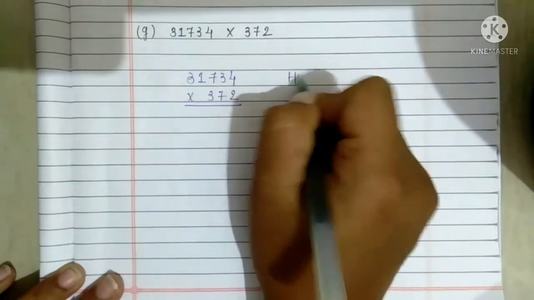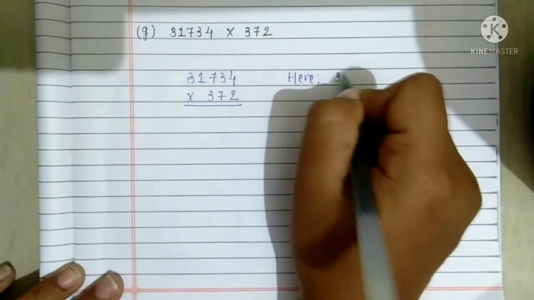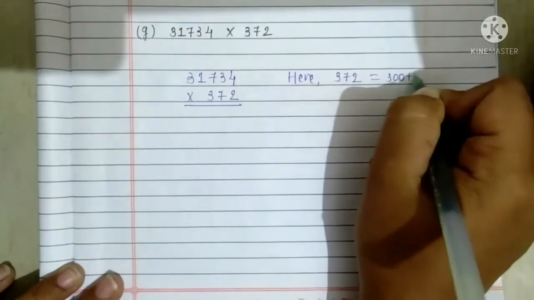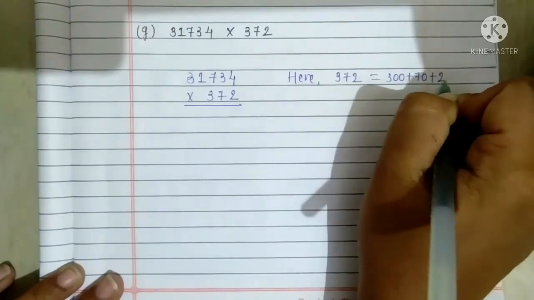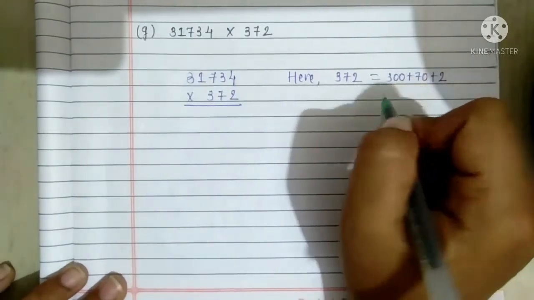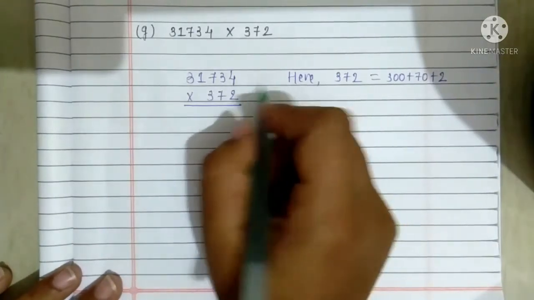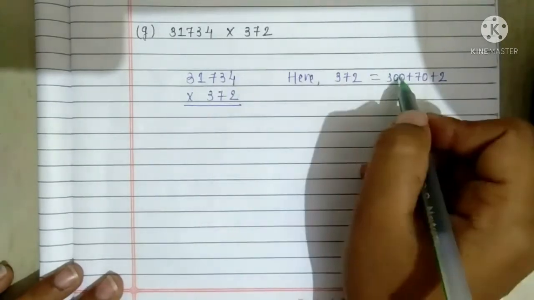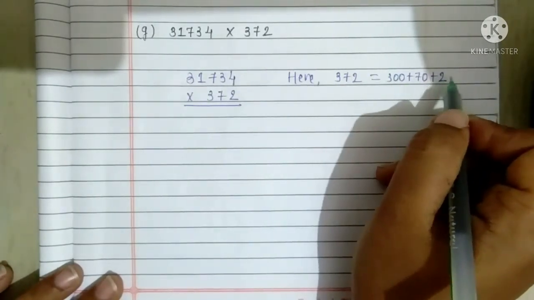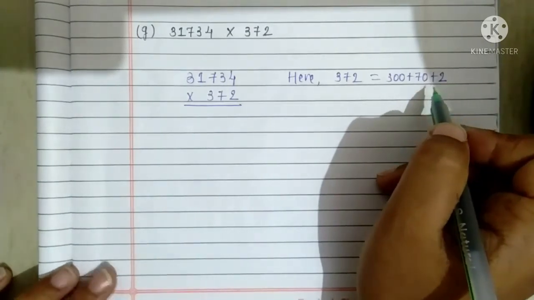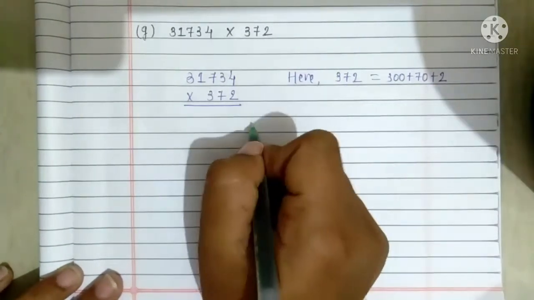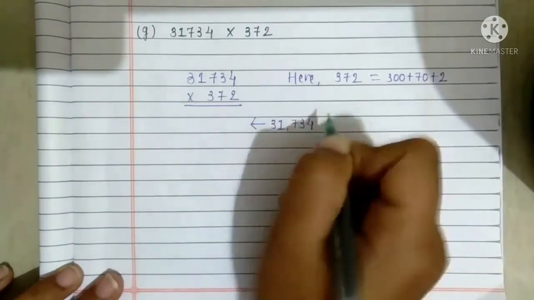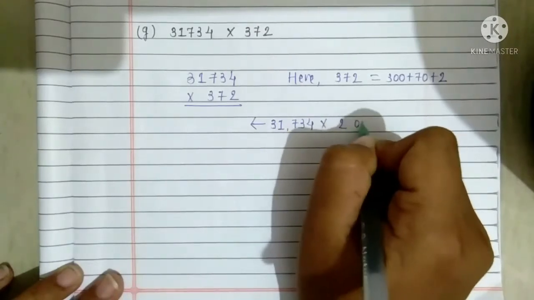Here 372 is equal to 300 plus 70 plus 2. Therefore, 31,734 multiplied by 300, 70 and 2 and add the products. First of all, multiply 31,734 by 2 ones.